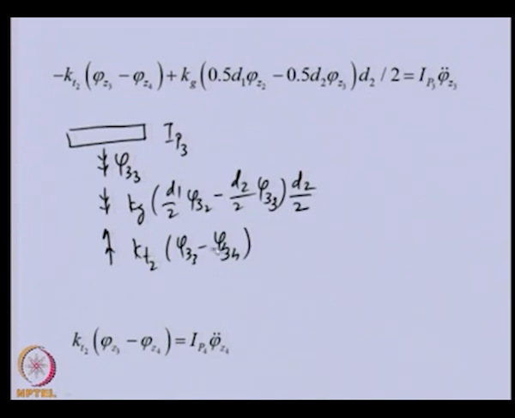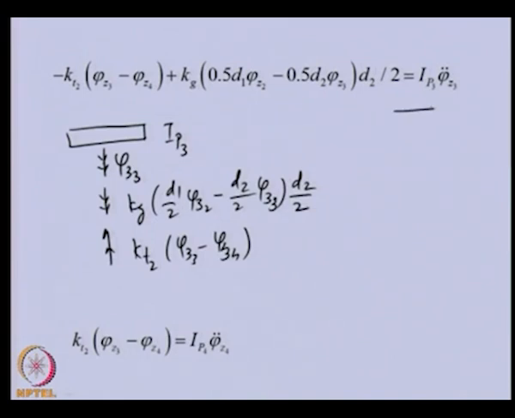This is the reaction torque from the shaft, and this is the reaction torque from the contact point linear spring. You can see this is the equation: the terms opposite to the angular displacement and the term in the same direction should be equal to the inertia term. So, this is the third equation of motion.